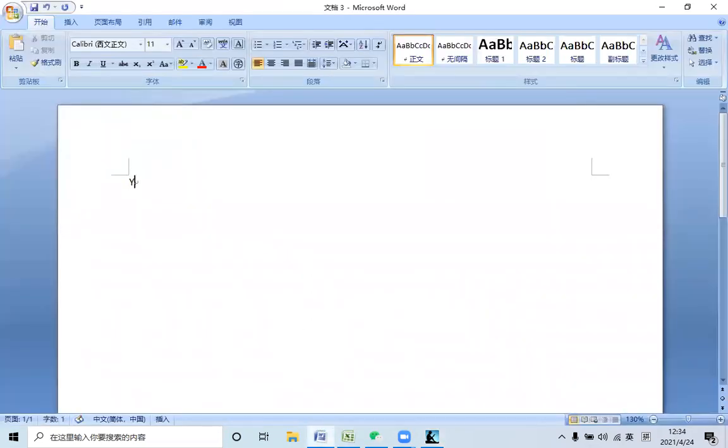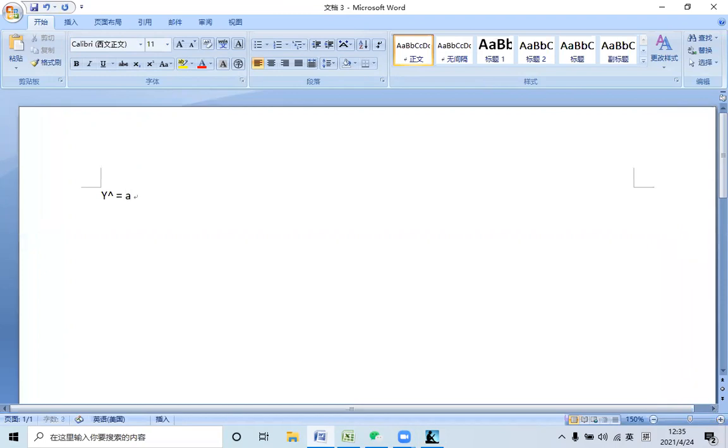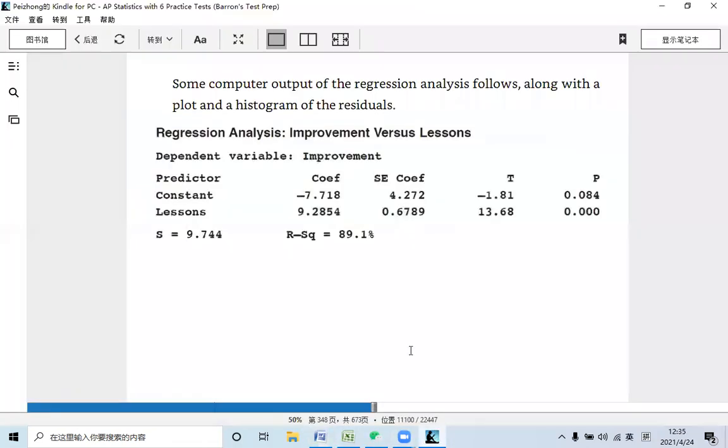So the regression formula would be predicted y equals a plus b x. You need to get a and b. What will be a and b? Where do you find a and b? I'm going to replace a and b with a number here.